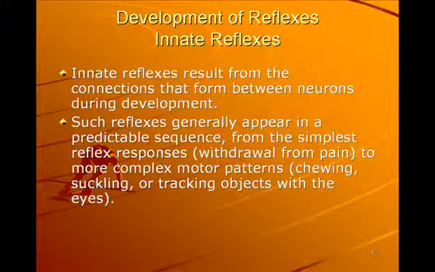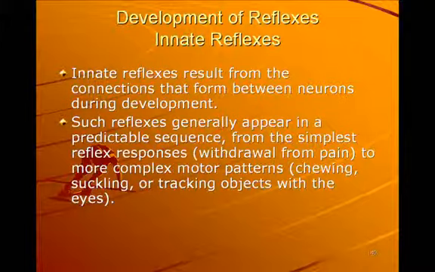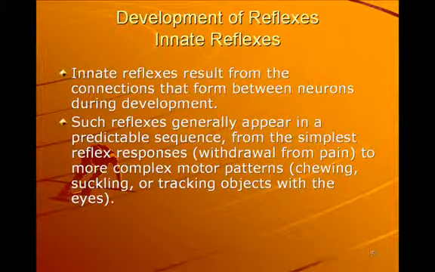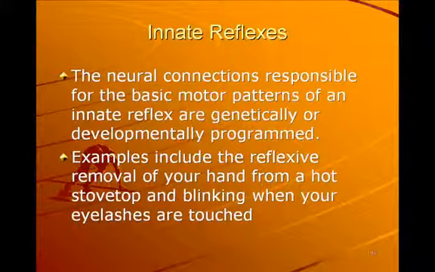The development of reflexes. Now, when we look at innate reflexes, these are a result of connections that form between neurons during development. Such reflexes generally appear in a predictable sequence, from the simplest reflex response, withdrawing from pain, to more complex motor patterns such as chewing, suckling, and tracking objects with our eyes.